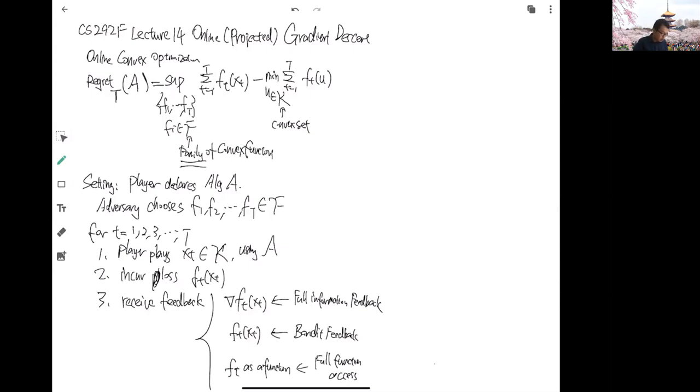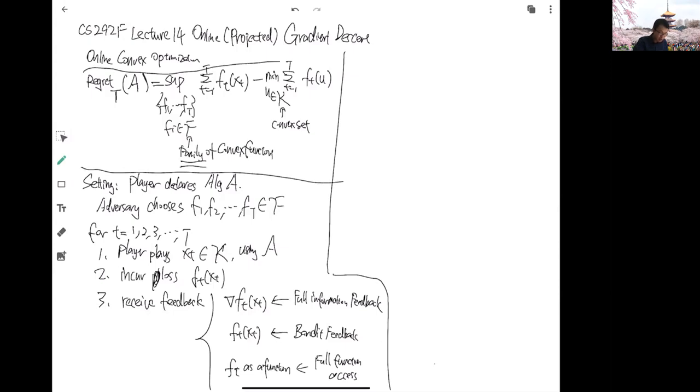Okay, so let's give a few examples to instantiate this setting and this regret minimization problem appropriately, and also build intuition. The first example is the one we had from last time, just as a review: learning from expert advice.